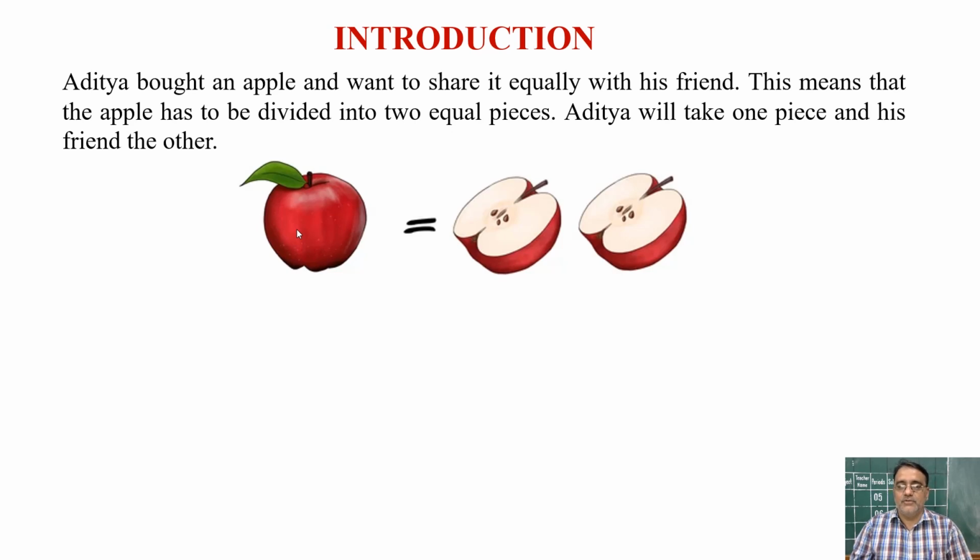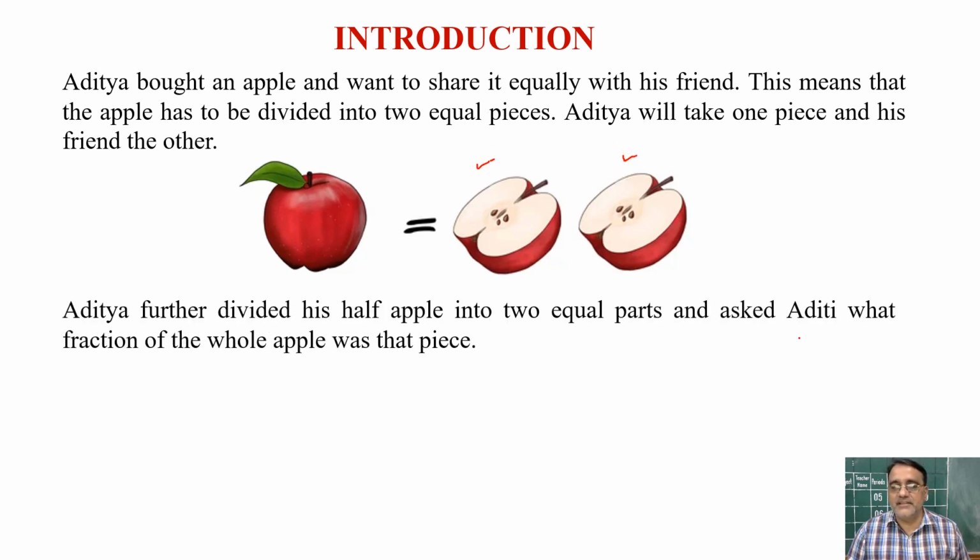Okay. So suppose some more friends are there. Two more friends came to him, and he also wants to distribute equally to them. So further he divided these two pieces into another two halves. Okay, this one and this one, right?